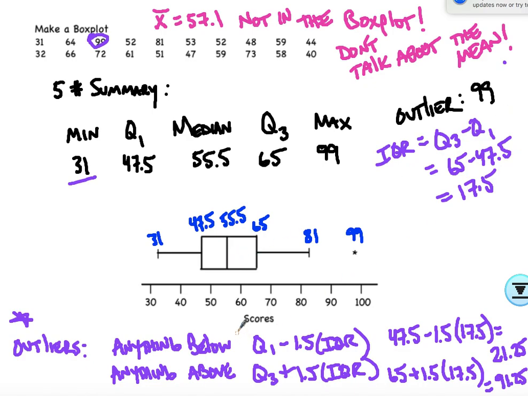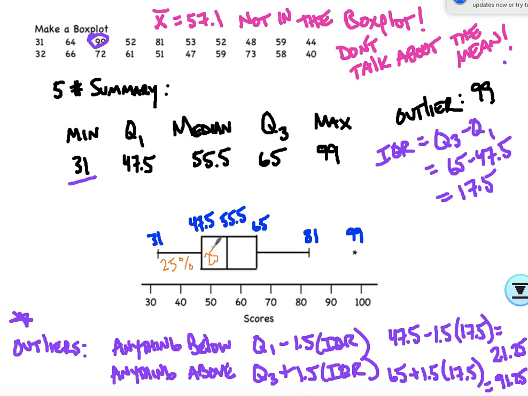Remember that all of these things are broken up into quartiles, so that means that 25% of the data falls between 31 and 47.5. Here, let me write that a little bit nicer. I'm going to use a smaller pen. Okay. So 25% of the data falls between 31 and 47.5.